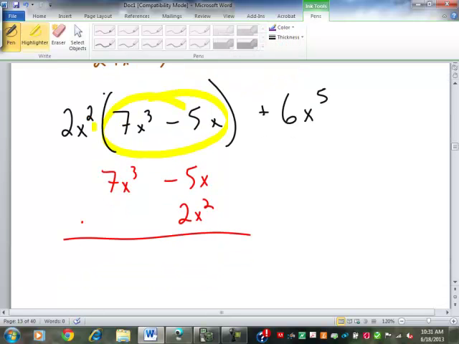We do always have to double check to make sure there isn't anything in that parentheses that we can do before we move on. So now we have the 2x squared times negative 5x, which is negative 10x to the third power. Good. The 2x squared times 7x to the third.